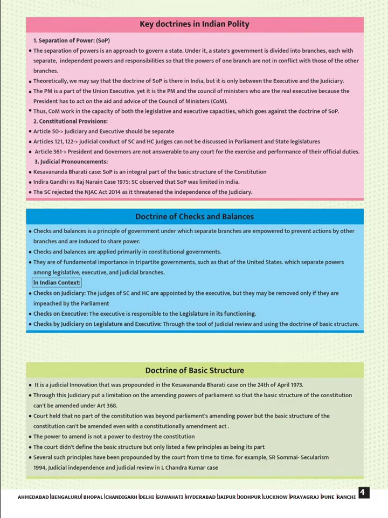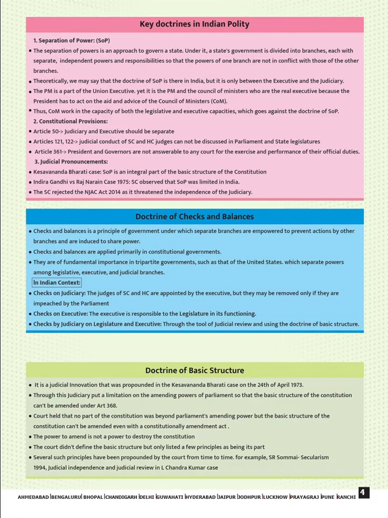In the Indian context, checks on the judiciary: the judges of the Supreme Court and High Court are appointed by the executive, but they may be removed only if they are impeached by the parliament. Checks on the executive: the executive is responsible to the legislature for its functioning.